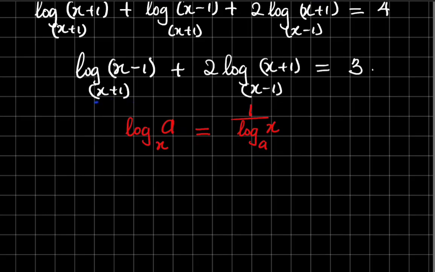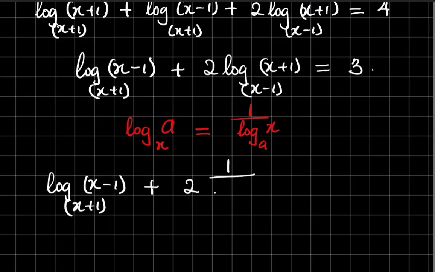We can change either this or this. So I want to change this. In my left hand side, I will have log x minus 1 base x plus 1, plus 2. Then I will write the reciprocal, after changing this, you have 1 over log x minus 1 base x plus 1.